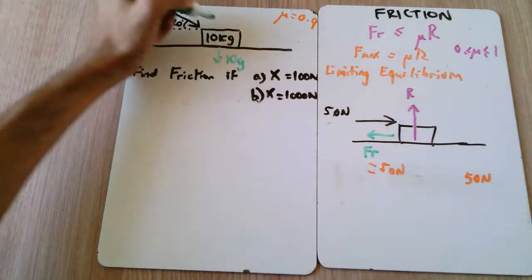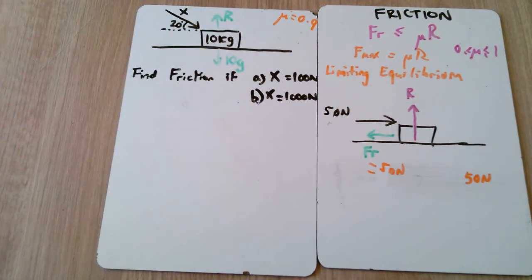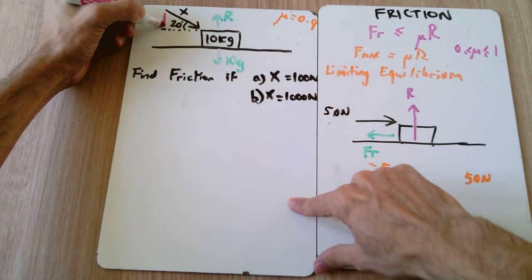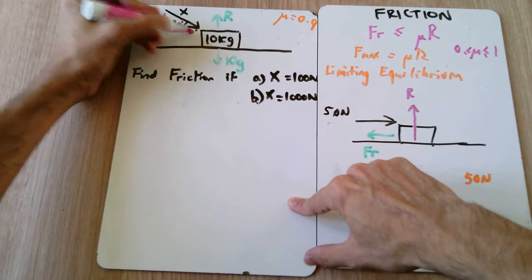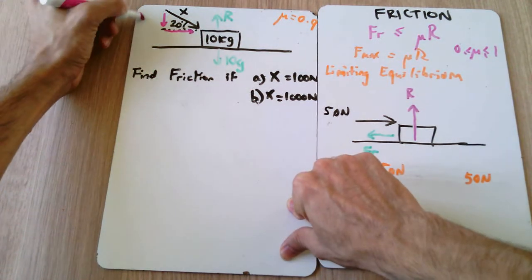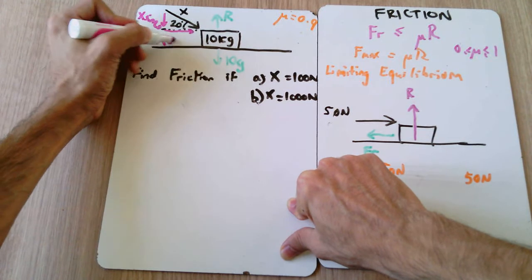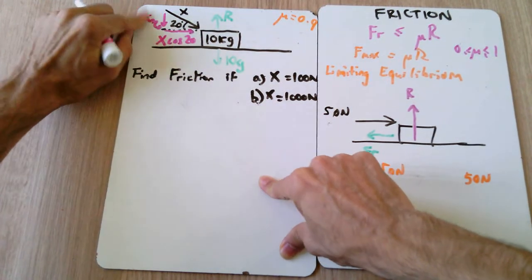We have our reaction force acting perpendicular and up. Now previously we said R was equal to 10g, but that won't be the case here, because if we think about X, it can be resolved into the vertical and horizontal direction, or the parallel and perpendicular direction, where we have X sine 20 acting downwards and X cos 20 acting to the right.